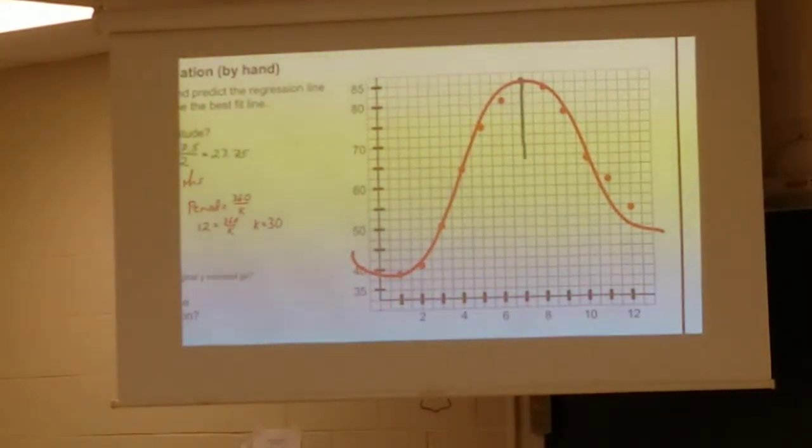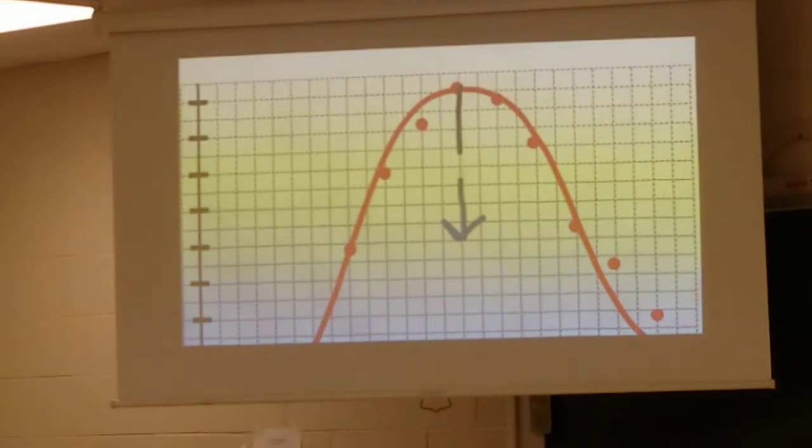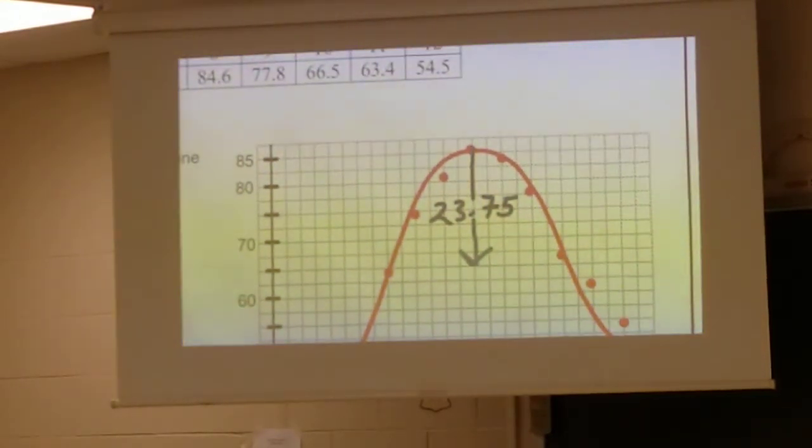Take a look at this arrow I'm drawing here. I'm going to drop down according to my amplitude with the hopes of getting to my midline. The amplitude is 23.75. And if I drop down by 23.75, I should be able to arrive at that middle point. But that's going to require us to start at 86, which is the maximum, and subtract 23.